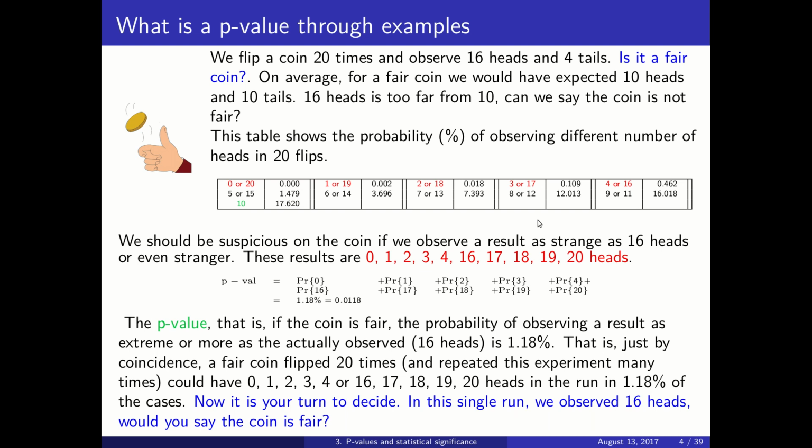Since the coin is fair under the null hypothesis, observing 9 or observing 11 should have the same probability, and in this case it is 16%. Then we can go on and compute the probability of observing 8 or 12 heads, and so on, down to 0 or 20 heads.